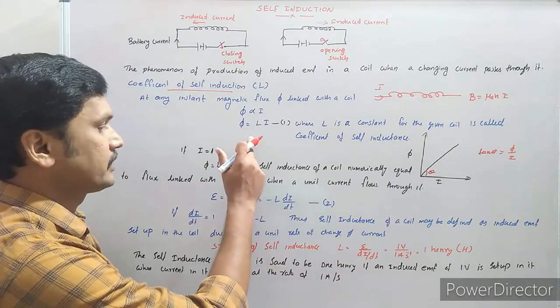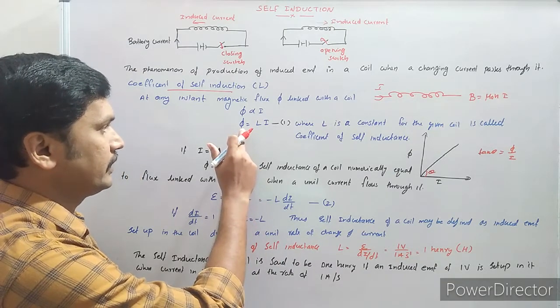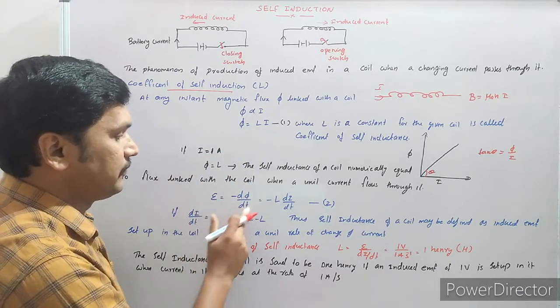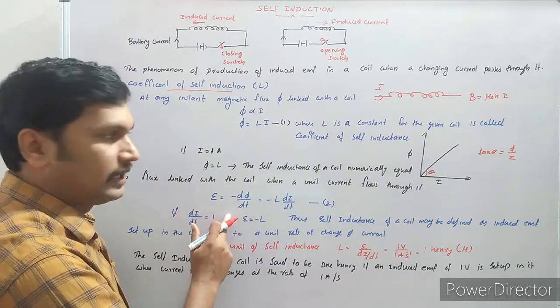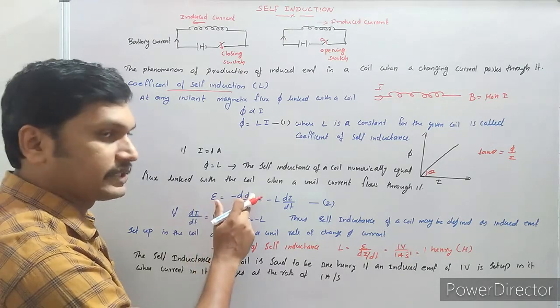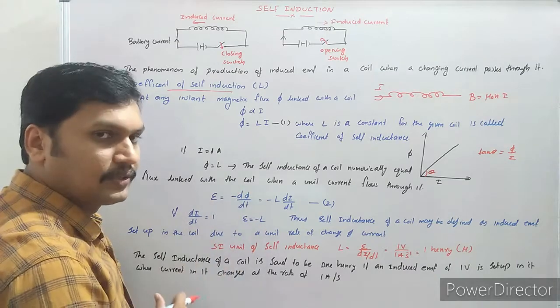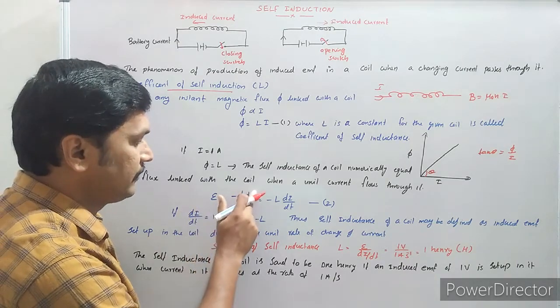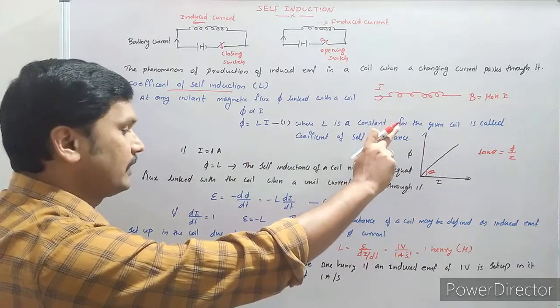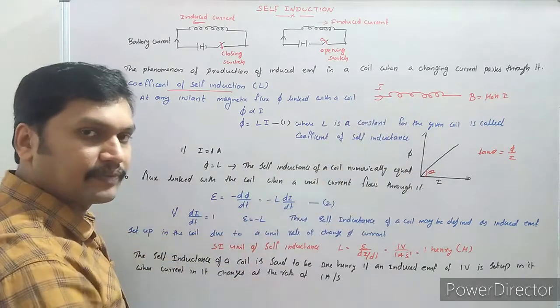Now if you differentiate this equation, we get E is equal to minus d phi by dt. That is, the induced EMF is equal to the time rate of change of flux. Induced EMF is developed in this coil whenever the flux associated with the coil changes.